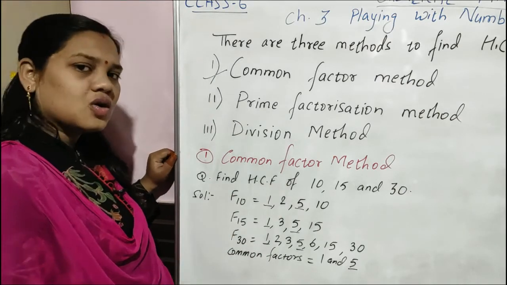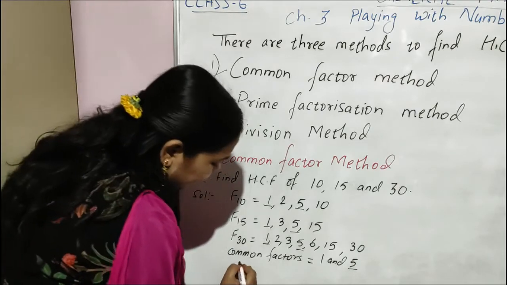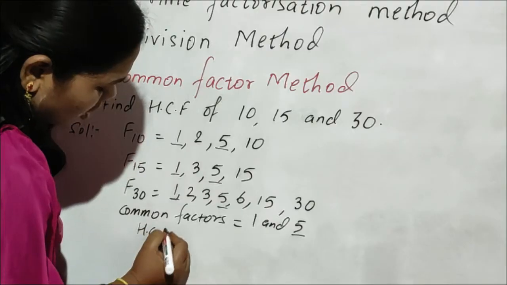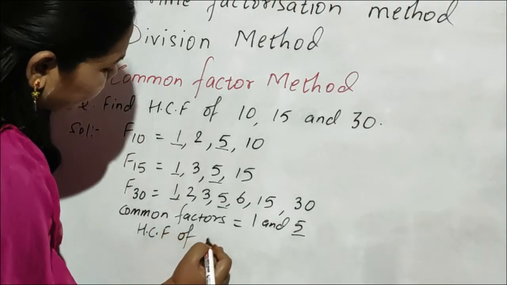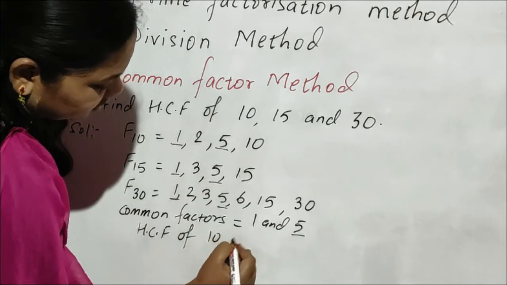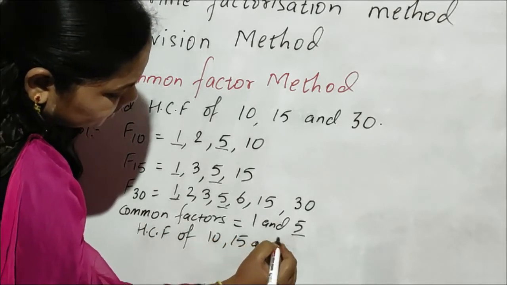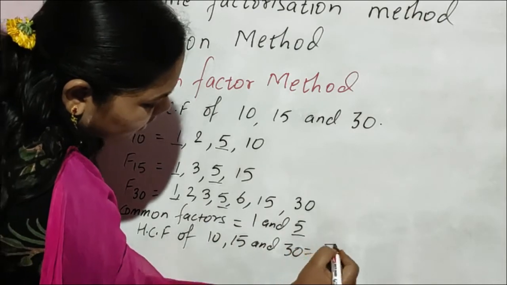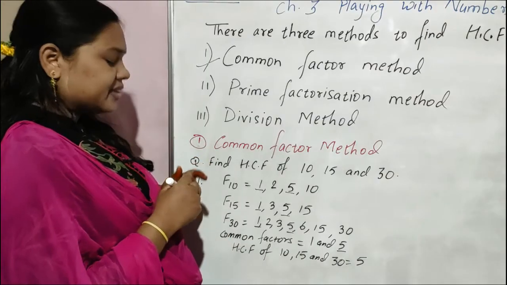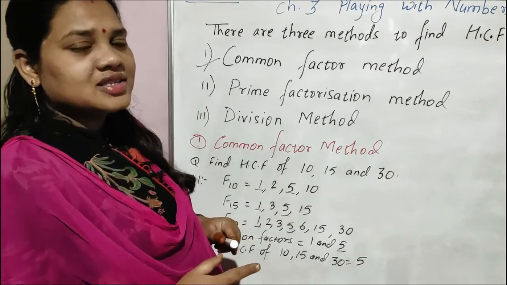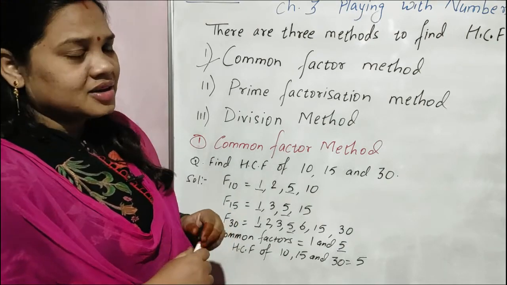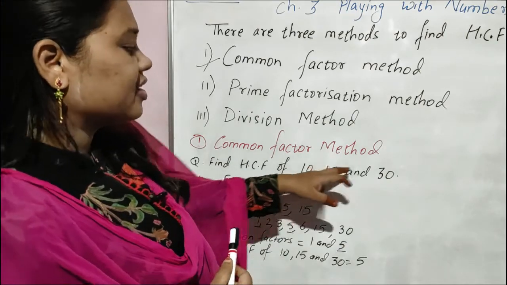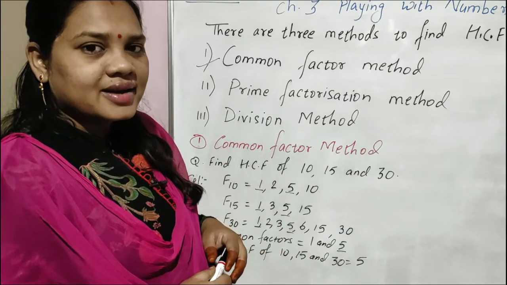Highest in common factors. So HCF, highest common factor of 10, 15 and 30 is 5. It means 5 is the highest number which divides 10, 15 and 30 exactly.